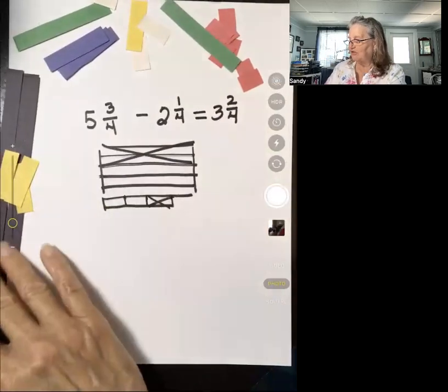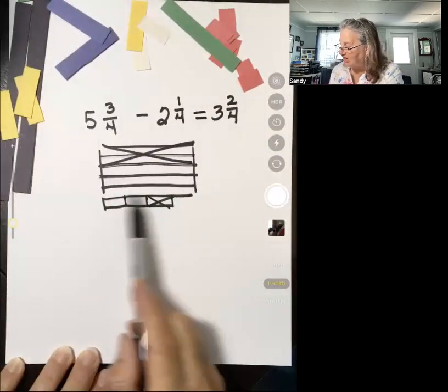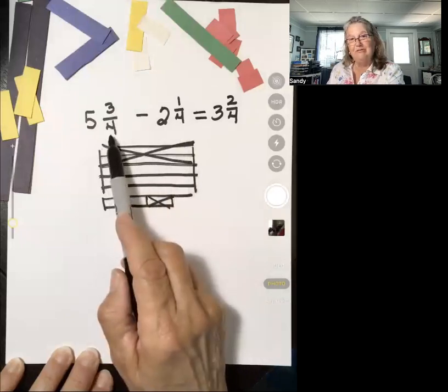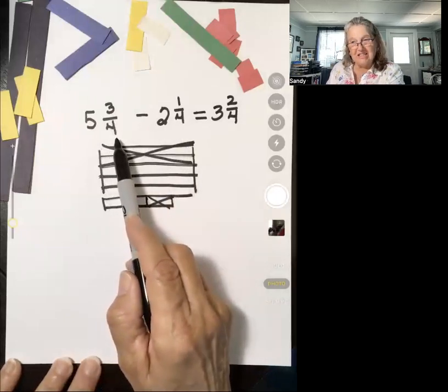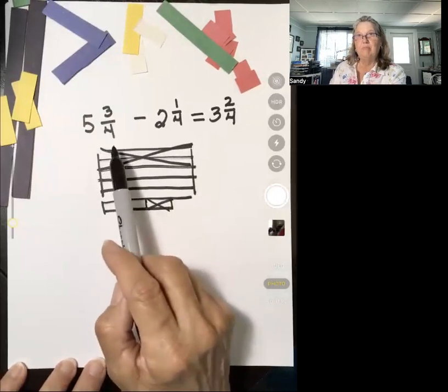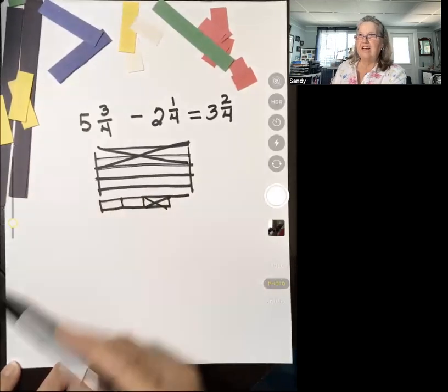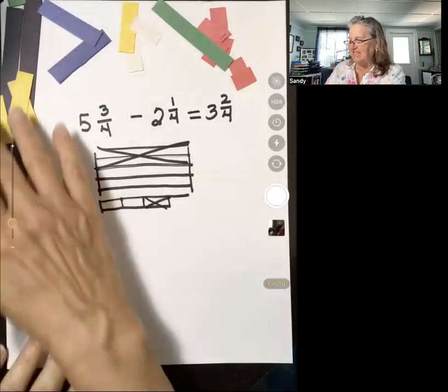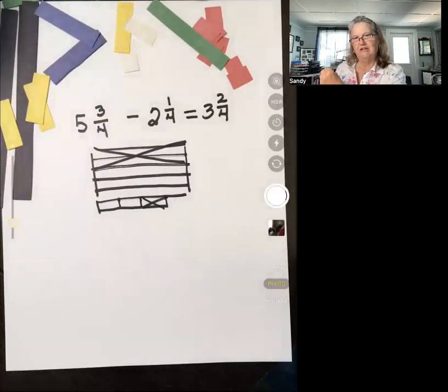Now notice how I'm focusing on the size of the unit, not the denominator when I'm talking with you. It's technically getting the same denominator, but when we were hearing you must have a common denominator, I saw that as kind of a rule. I had to follow that rule, and I wasn't thinking about sizes of pieces I'm removing, right? So we'll look at that in a little bit, but it's same size units.